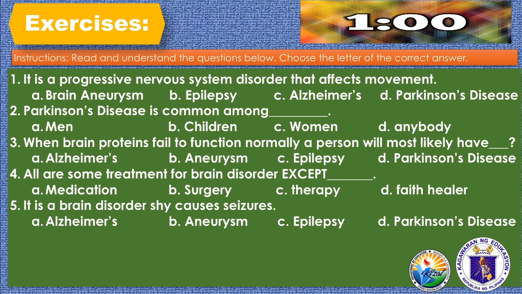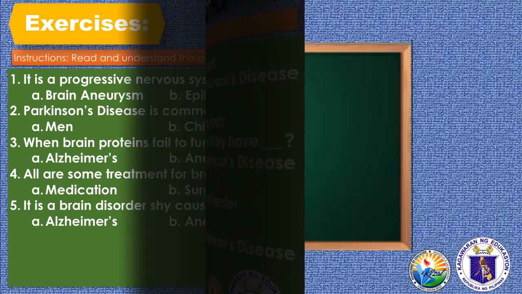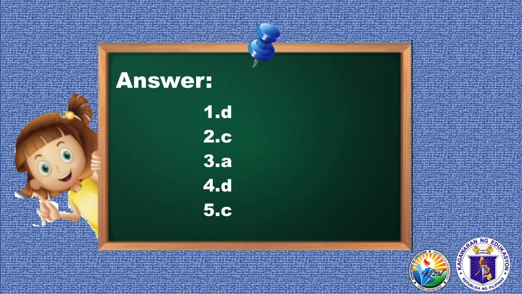Time is up. All right, let's check your work. Let me see how many correct answers you have got. Okay, so here are the answers. Good job, everyone, and thank you so much for participating in our lesson.